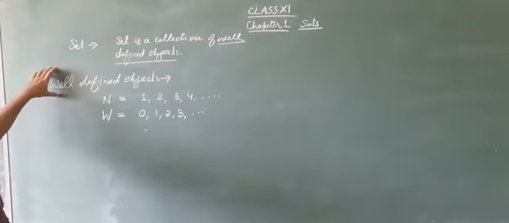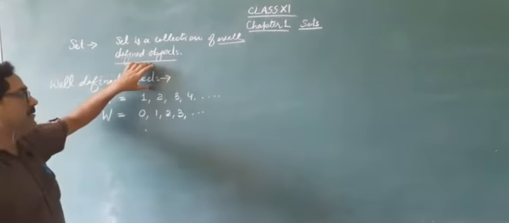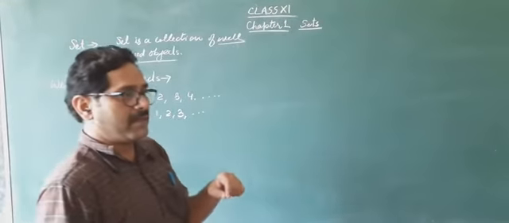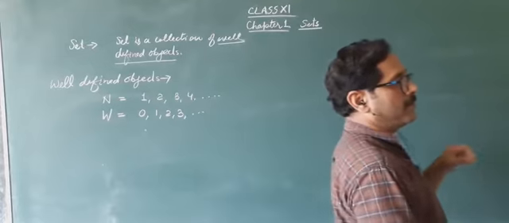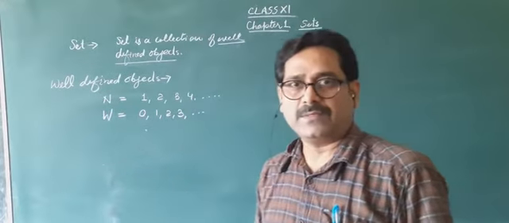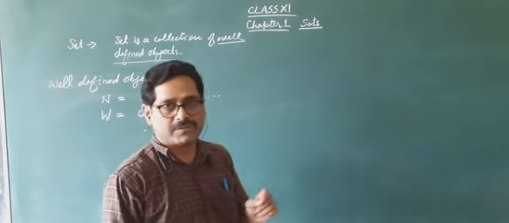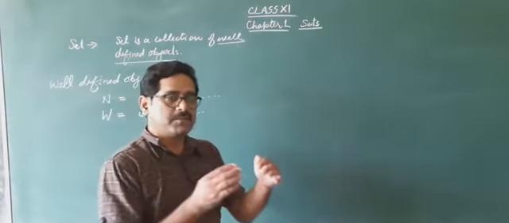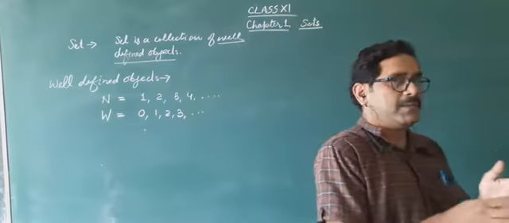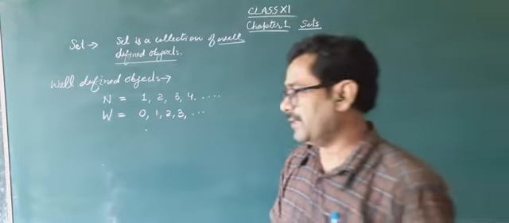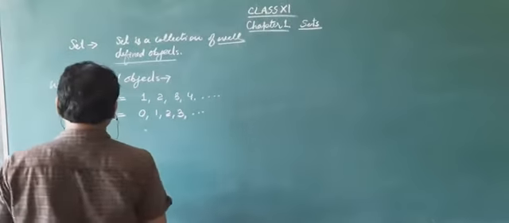So well-defined objects means the objects which have a same particular property. Suppose a set of cups, a set of bowls, a set of pens. If there are two pens, both the pens have the same property, the same kind.